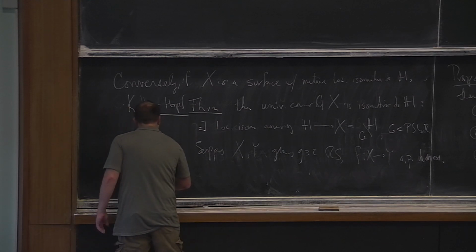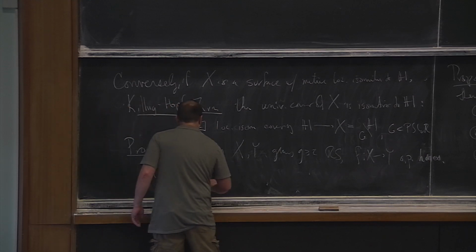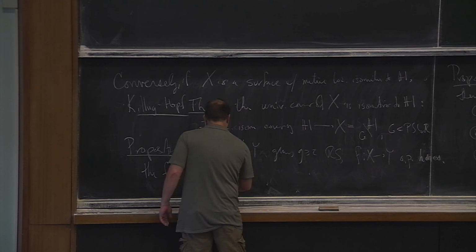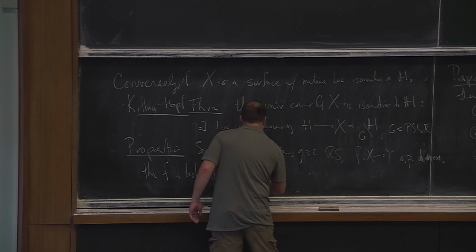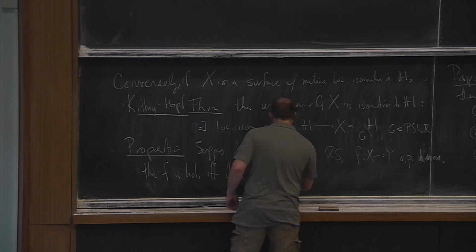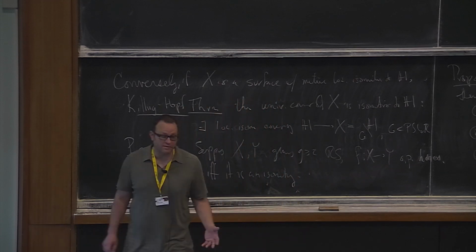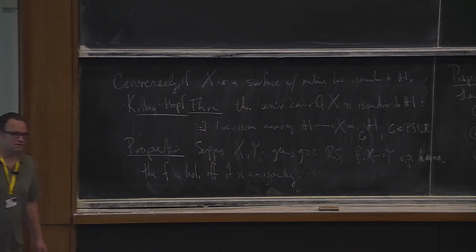Then f is holomorphic if and only if it is an isometry. And whenever I talk about a Riemann surface and a metric, I mean the hyperbolic metric, the one locally isometric to the hyperbolic plane.